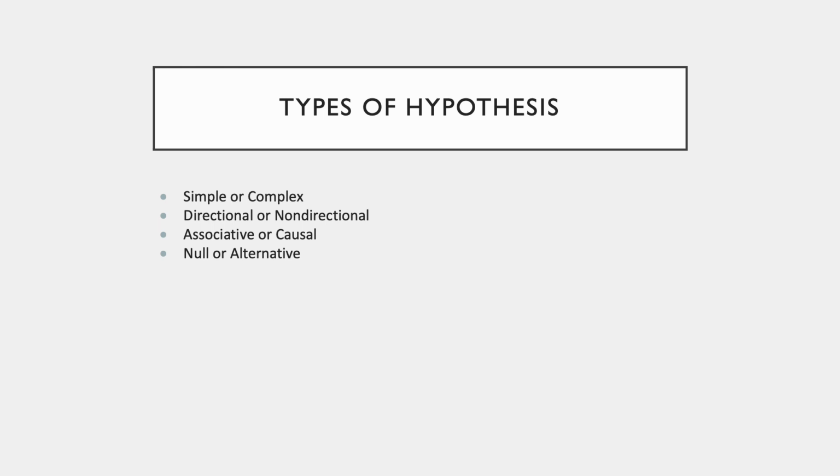A null hypothesis is a negative statement that predicts there is no significant relationship between the independent and the dependent variable. The alternative hypothesis essentially states the opposite, states that there is a significant relationship between the independent and dependent variables, and it disproves the null hypothesis.